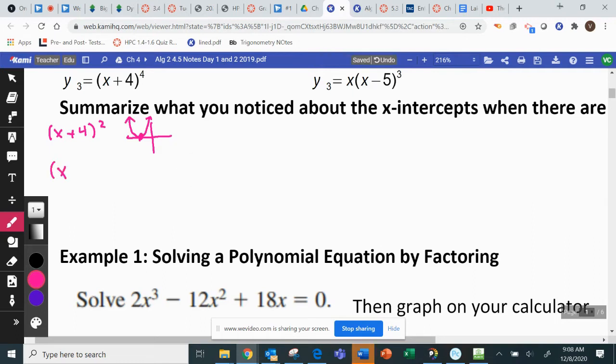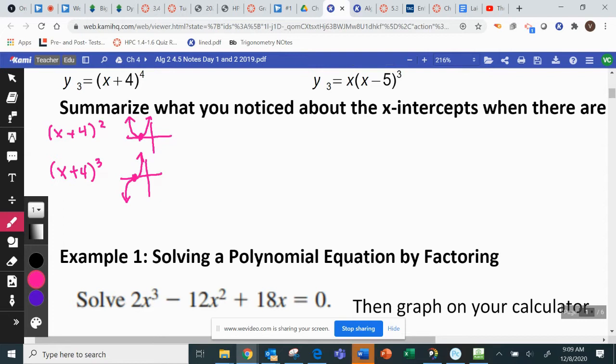And then x plus 4 cubed passed through, but it kind of changed the behavior of the graph right there. It looks like a cubic graph right there at -4. And in fact, it is a cubic graph at -4 because we just take our cubic and move it 4 to the left. It's a cubic that is moved 4 to the left.